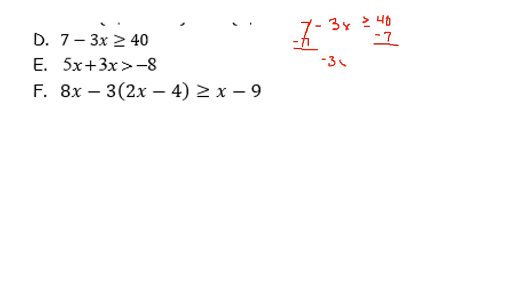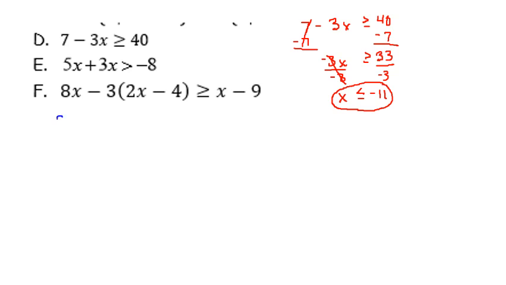We get negative 3x is greater than or equal to 33. Divide by negative 3. Because I'm dividing by a negative number, the inequality sign flips, and we get x is less than or equal to negative 11. So there's the answer for D.